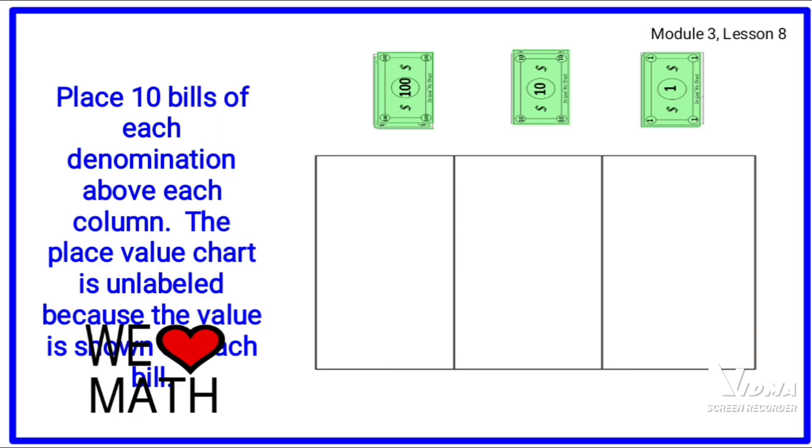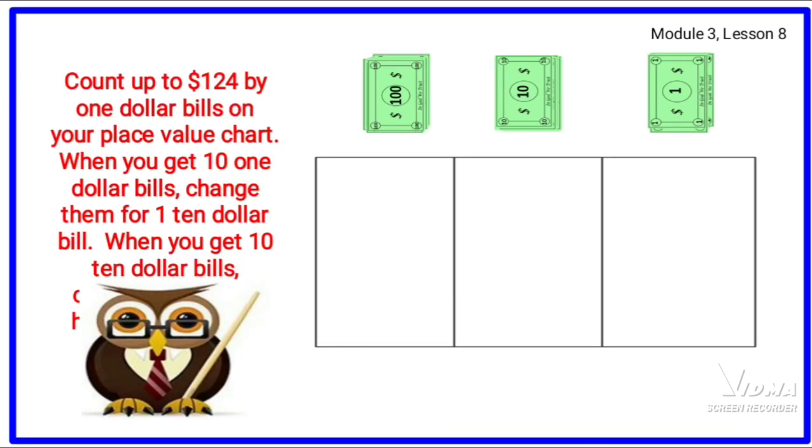And then we'll do the math together. We're going to count up to $124 by $1 bills on the place value chart. Once the $1 bill is up to 10, we'll bundle it and make it a $10 bill. Once the $10 bill is up to 10, we'll bundle it and make it a $100 bill.